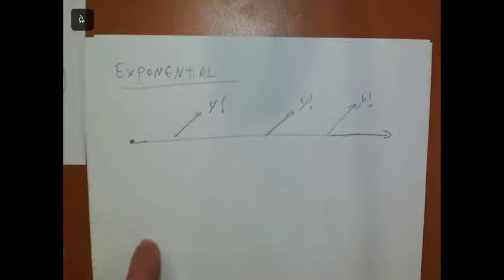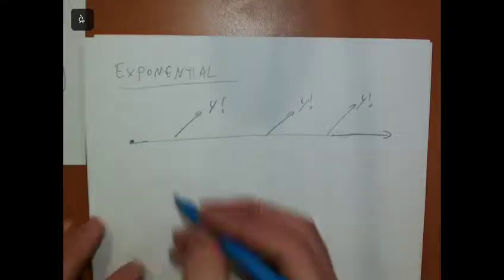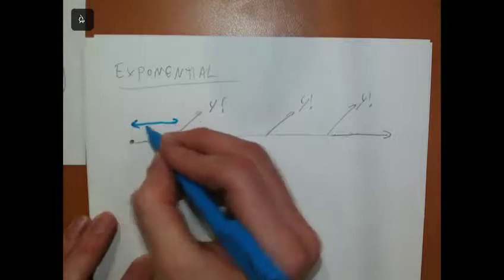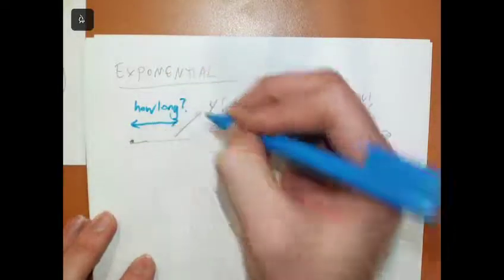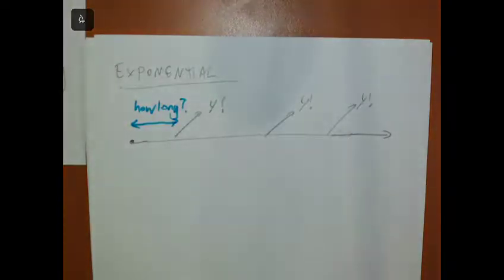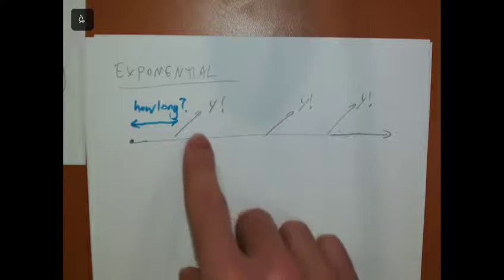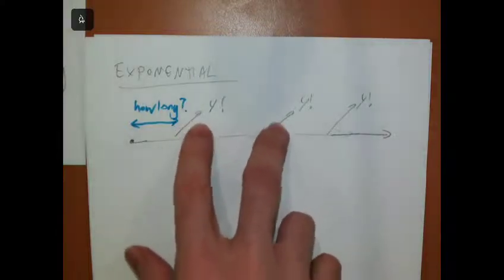You've got a fixed amount of time and you're counting how many of these things have happened. In the exponential distribution, you're measuring how long it takes for something to happen. How long does it take for that first yes to happen? Or anywhere, it doesn't have to be the first one. How long does it take between two of the yeses?